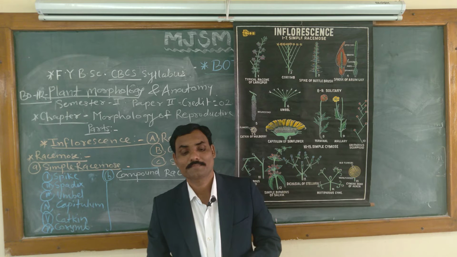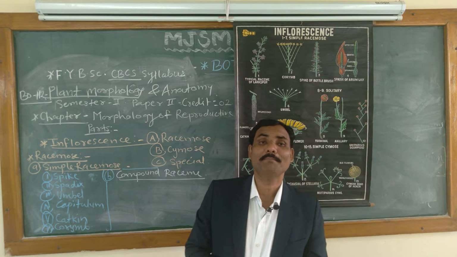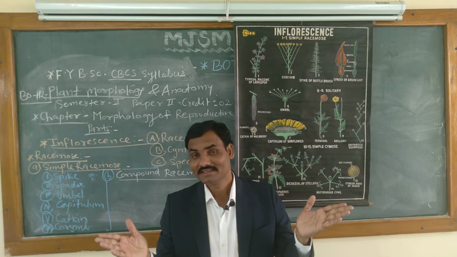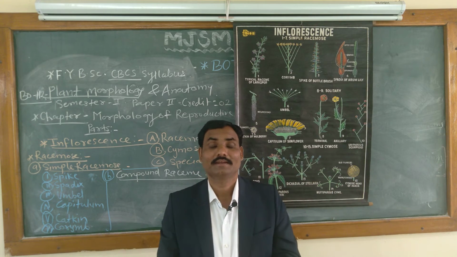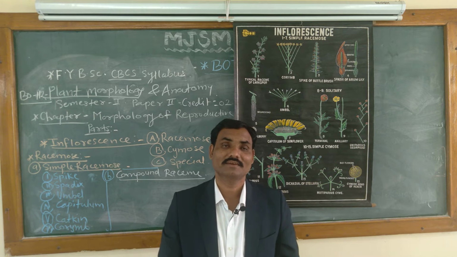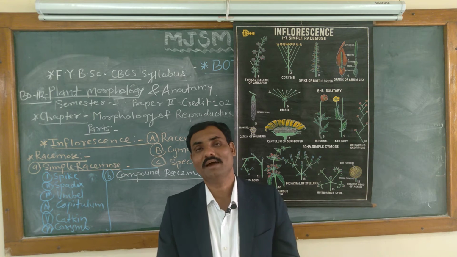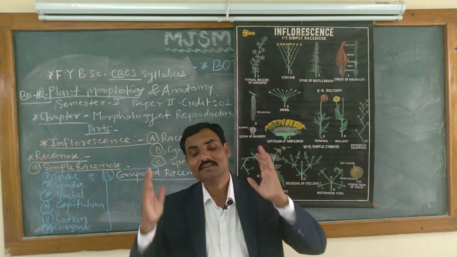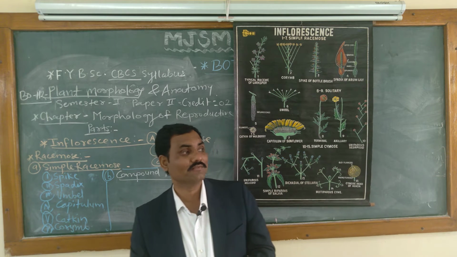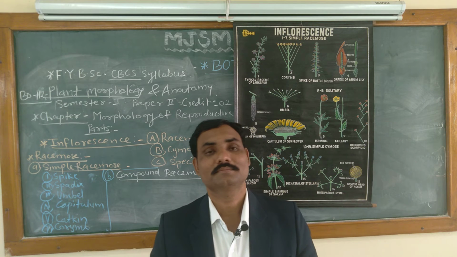Then the inflorescence shows great variation in shape, size. Shape वेगळा आहे, size वेगवेगळी आहे, number of flowers are different. In some cases less flowers are there, single flowers. In some plants there are a large number of flowers, and the periodicity of their formation is also different in some plants.